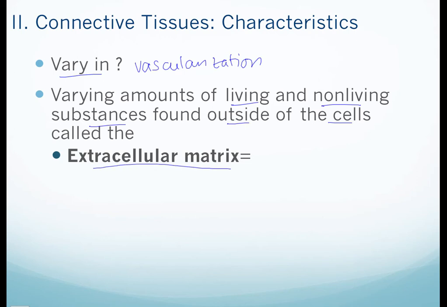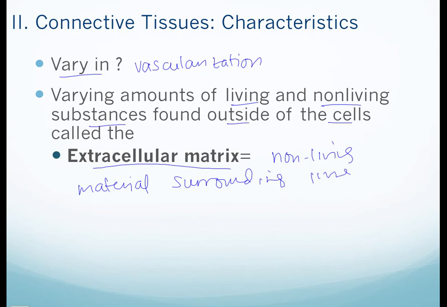So extracellular matrix, this is the non-living material surrounding living cells. Okay, and what do I mean by that? Here is a cell. It's going to grow and divide and grow and divide. Here's the nucleus.